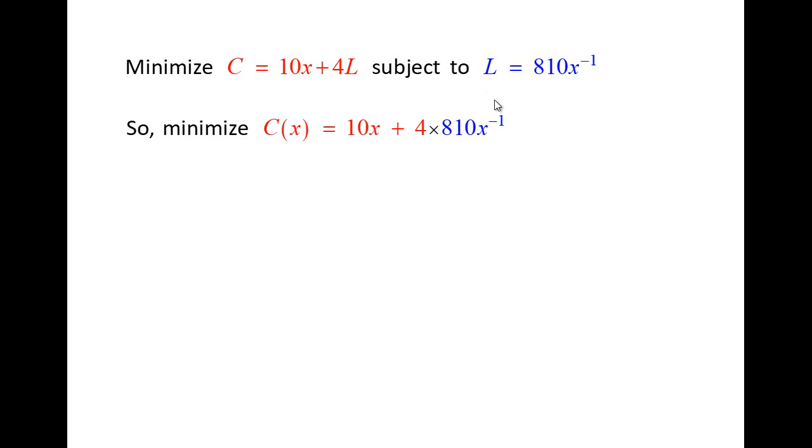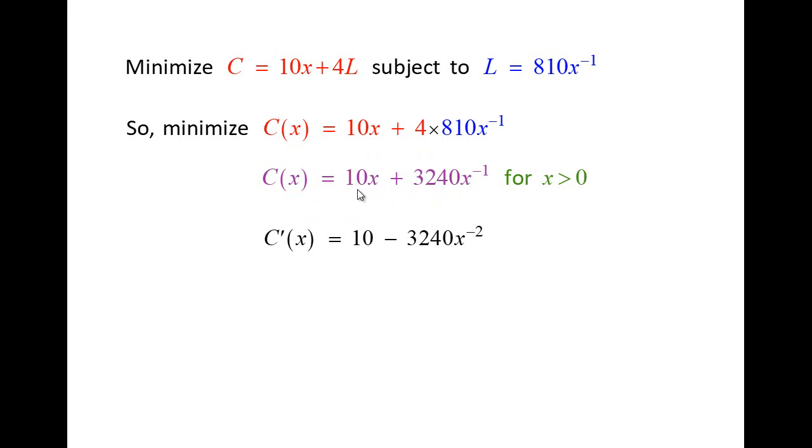So basically then we want to minimize the cost function subject to the constraint that l is 810 x inverse. And we can plug in the value of l in the cost function, so we get 10x plus 4 times 810 times x to the negative 1, which we can write as 4 times 810 is 3,240. So this is the function that we need to minimize, and so to find the minimum value we take the derivative.